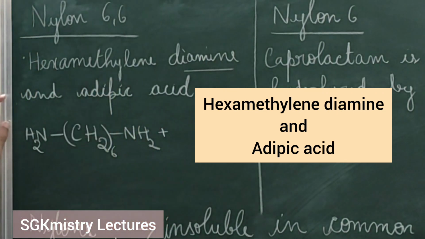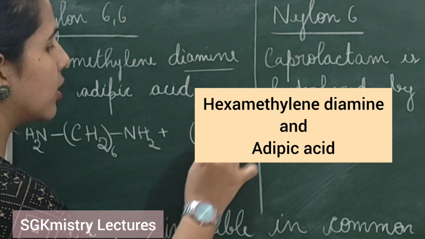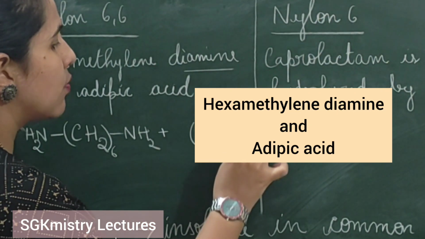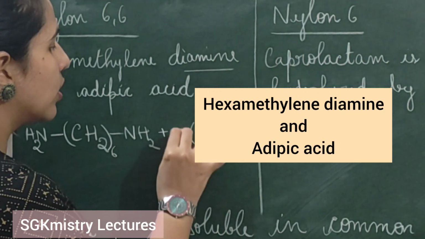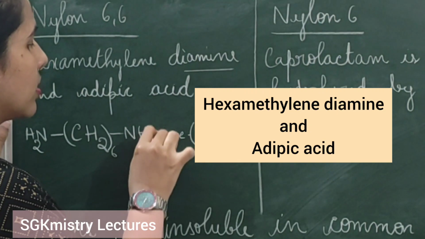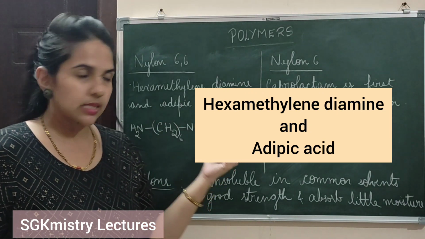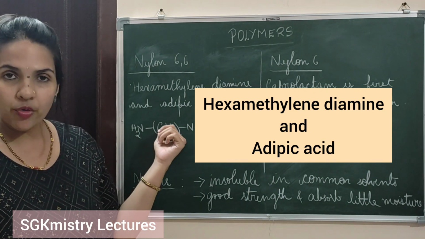And adipic acid. Adipic acid is a bifunctional monomer, that is a dicarboxylic acid. It has two carboxylic acid groups, and it has CH2 4 times, that is methylene groups, and COOH groups on either side. Here in the two monomers you can count the number of carbon atoms.